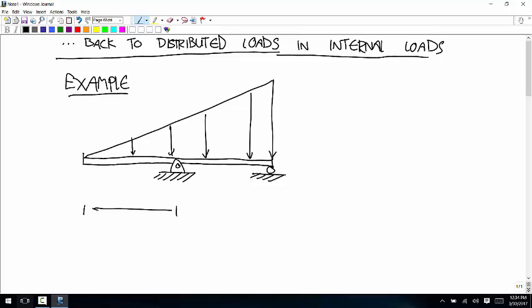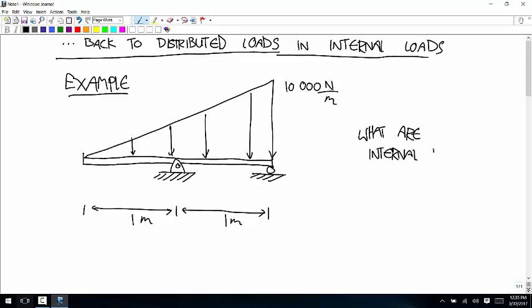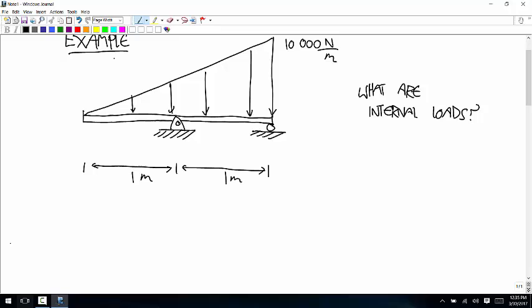Let's say that this is 1 meter and this is 1 meter. And let's say at the highest point it's 10,000 newtons per meter. And we want to calculate the internal loads. Let's ignore the weight of the beam on this one.